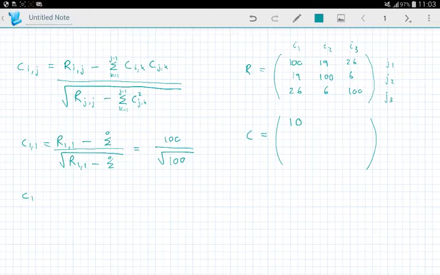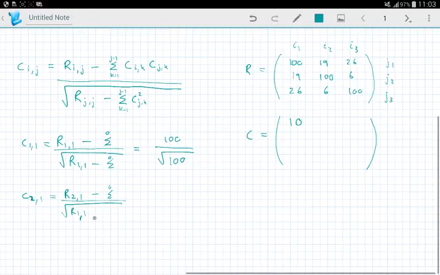Or should we go, how should we go? Should we go that way? We are expecting this to be a triangular matrix, so let's actually do C21. This is the confusing part, which one do I do next? If we go R21 minus sigma 0, this will be the square root of R11, because remember, these are J's, minus, again, sigma 0.